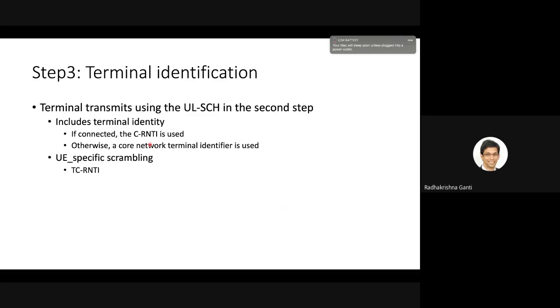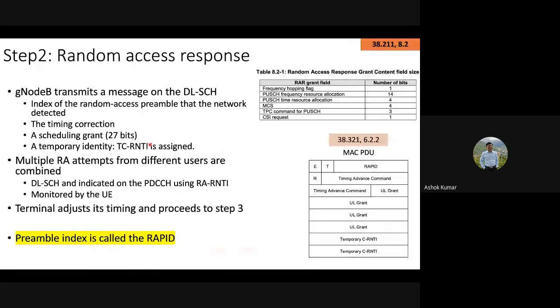In step 2, I have a question. What frequency and time resource is the gNodeB using to send this? Perfect question. This is there in SIB1. There is something called the initial bandwidth part. In that initial bandwidth part, there will be some resources meant for this random access response.